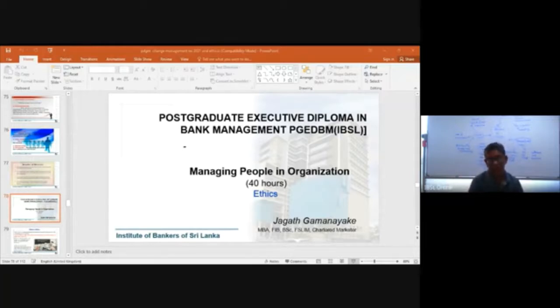So you cannot request or influence your credit DGM to give a loan to X which was rejected by the DGM. So that is what you call the objectivity principle of a good professional banker. Now we learned integrity and we learned objectivity.